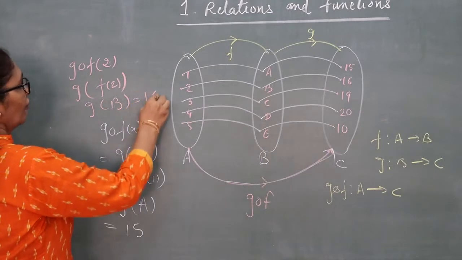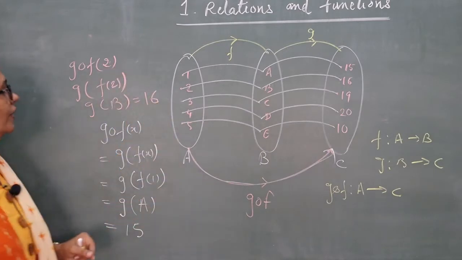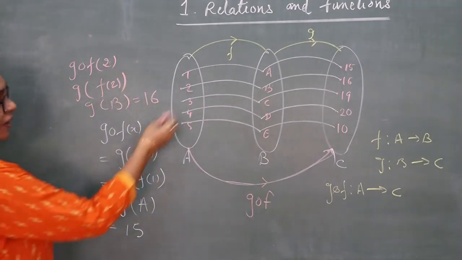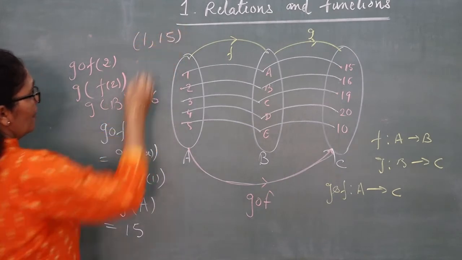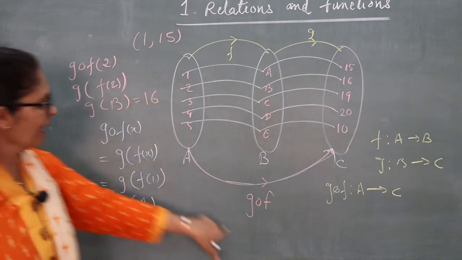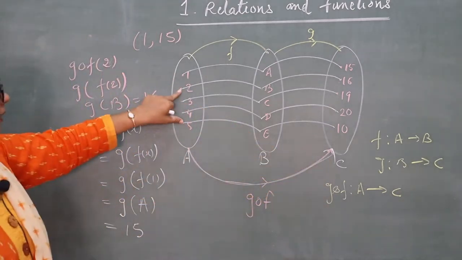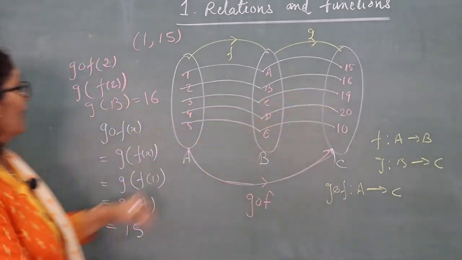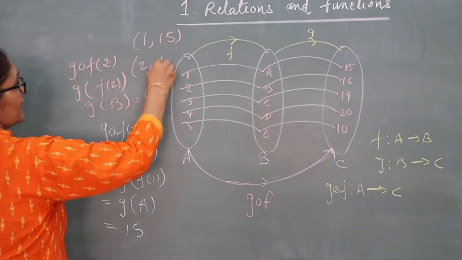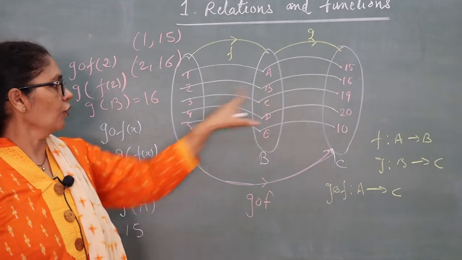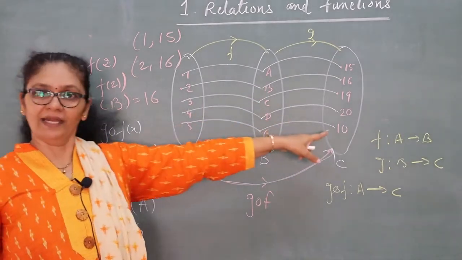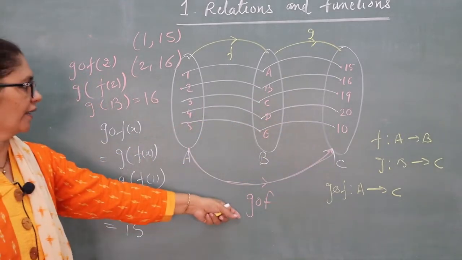So another ordered pair we get is 2 comma 16. The first ordered pair we got is 1 comma 15, meaning roll number 1 has 15 marks, that is your composite function. Roll number 2 has 16 marks, that is the second ordered pair. Same way 3 comma 19, 4 comma 20 and 5 comma 10. That is g over f.